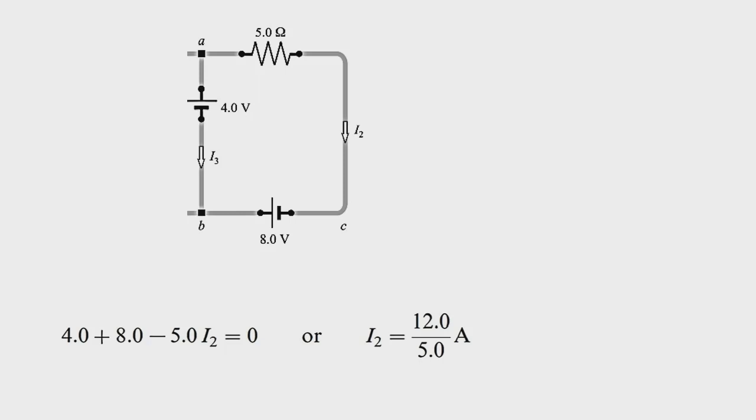Or eventually we will be able to solve for I2, and that is equal to 12 over 5, and that is how to solve I2 in amperes.